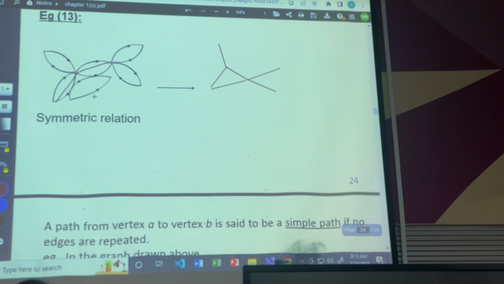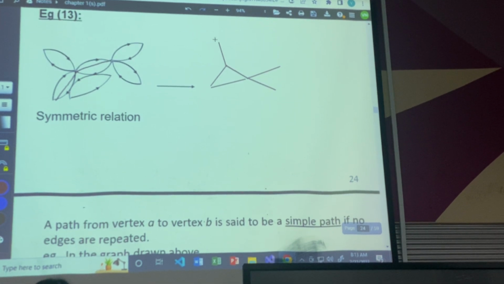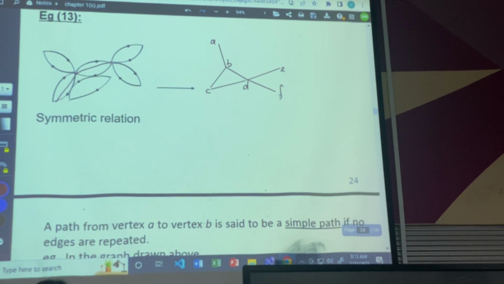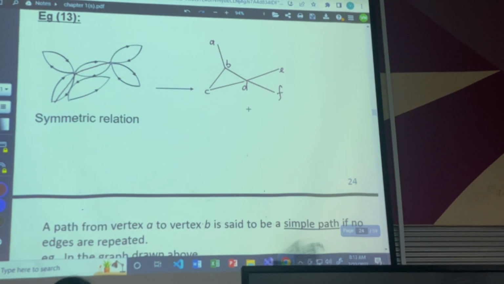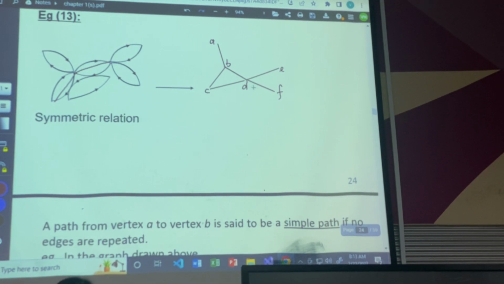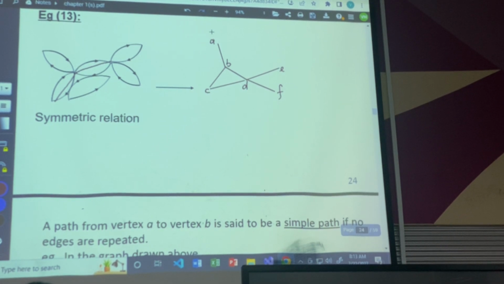So look at this path from vertex A to B. Let's say we label this graph like this: A, then B, C, D, E, F. Then from vertex A to D, we can have a path of A, B, and D. This one we call a simple path because there is no vertex that we repeat. You go through each of them once.